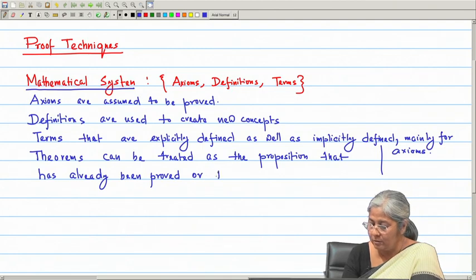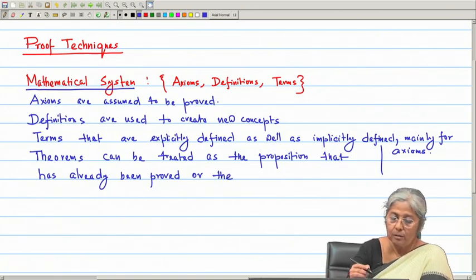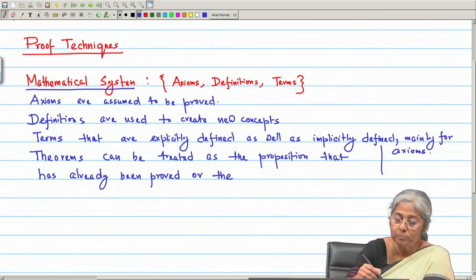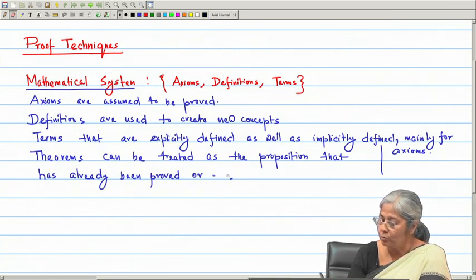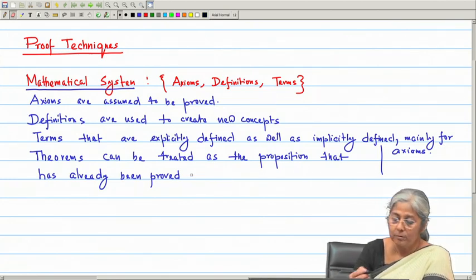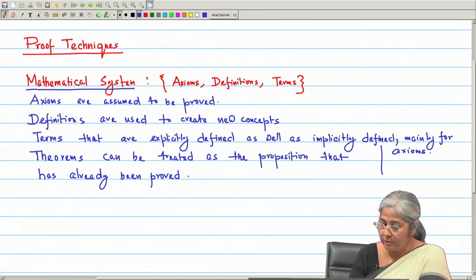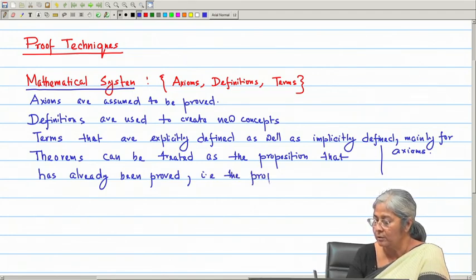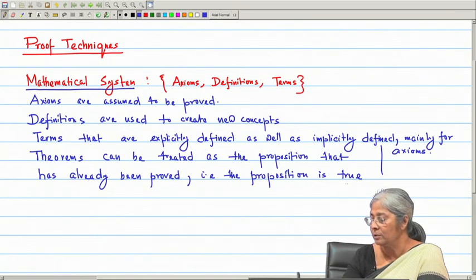Now, a proposition to be proved means we have to show that the proposition is true. That means the truth value of the proposition is true.